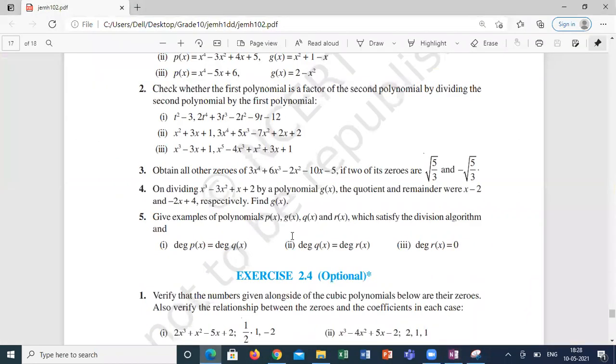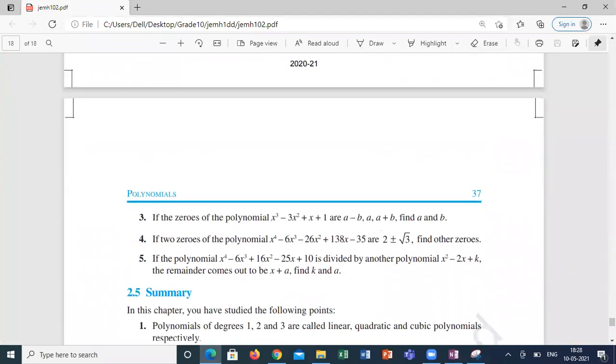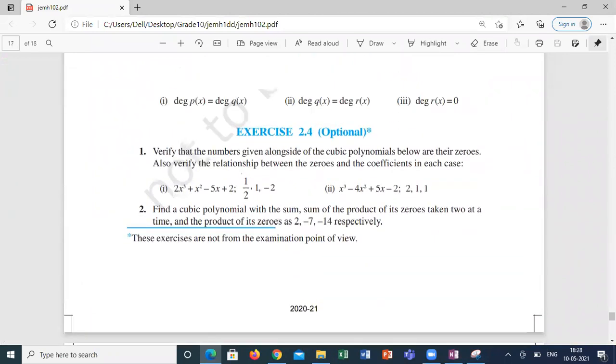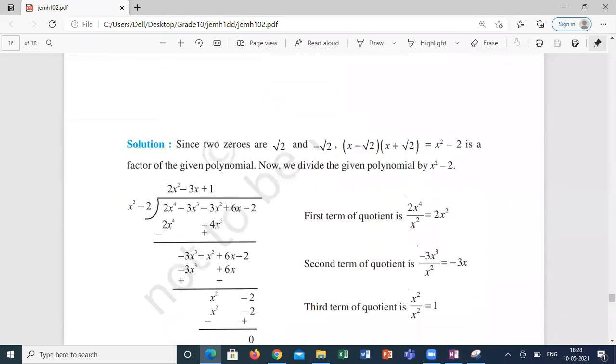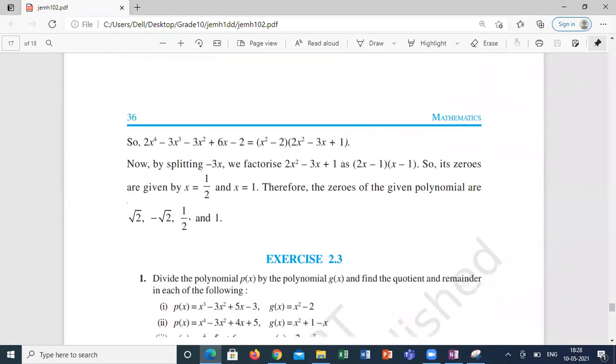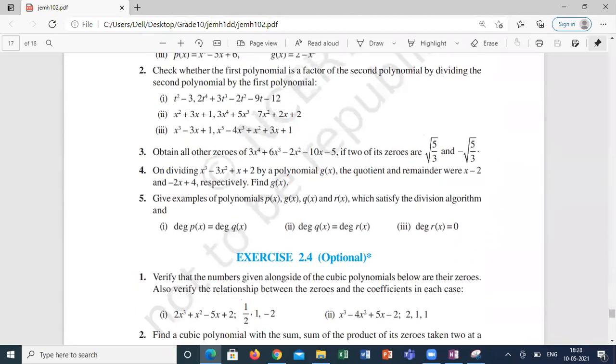I will bring some other numericals to solve in the next class. In the next 2 classes we will do more practice on different kinds of questions and the 2.4 optional exercise, because some of the questions in the optional exercise will be a little challenging. We'll try some higher order thinking skills questions. I will get the questions by next class.